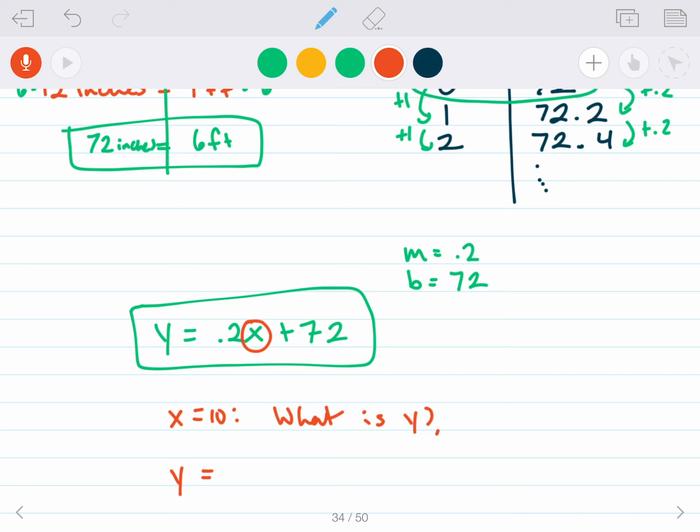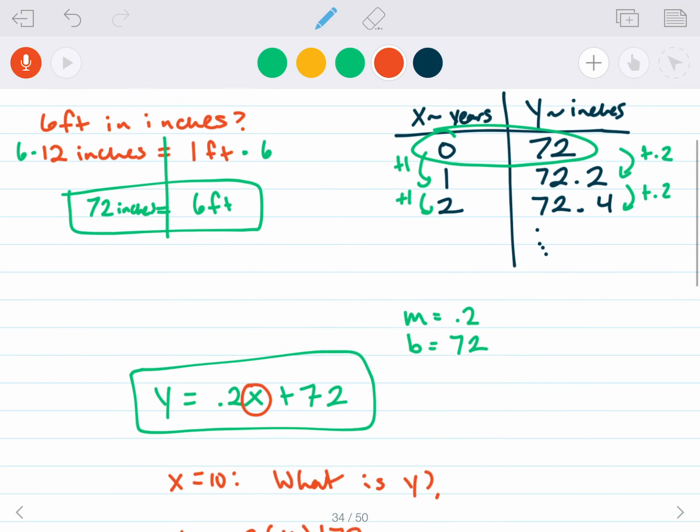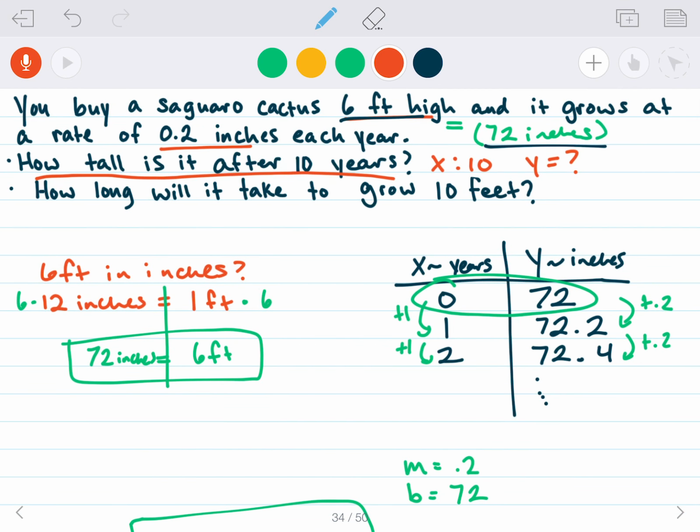We get y equals 0.2 times 10 plus 72, and we can evaluate that in our calculator or in Desmos or by hand if you want. But it's going to be 74, right? So this is going to be 74 inches. So that's our answer for the first question.